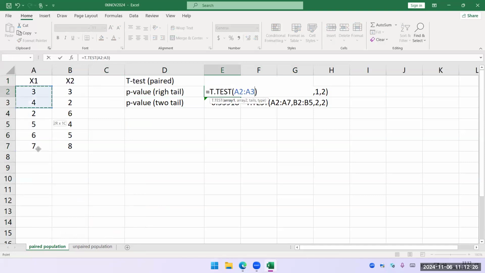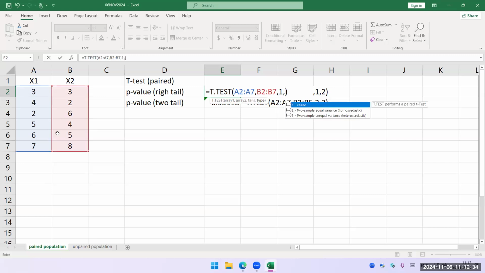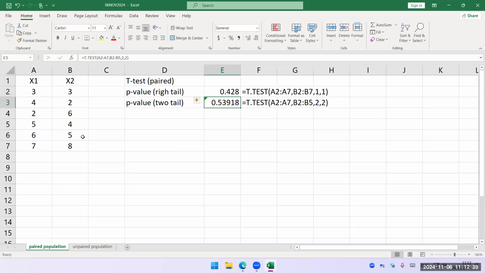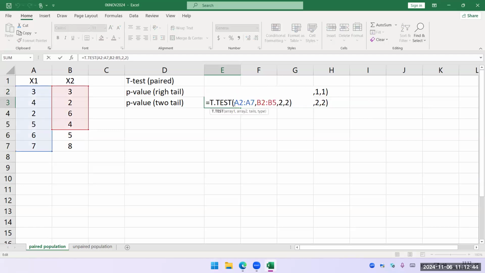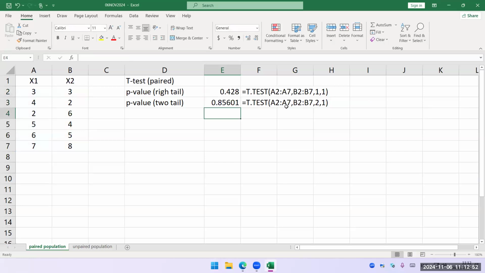Okay, this data, I do a one tail, I do paired. And the same thing goes on. Okay, I change it to 7. I change to 1. So that means that I can't rule out that the difference is different from 0. So very quickly, right? Just 1, you're done, right?